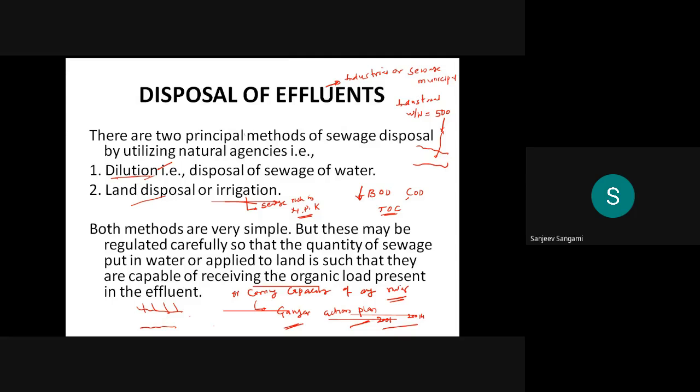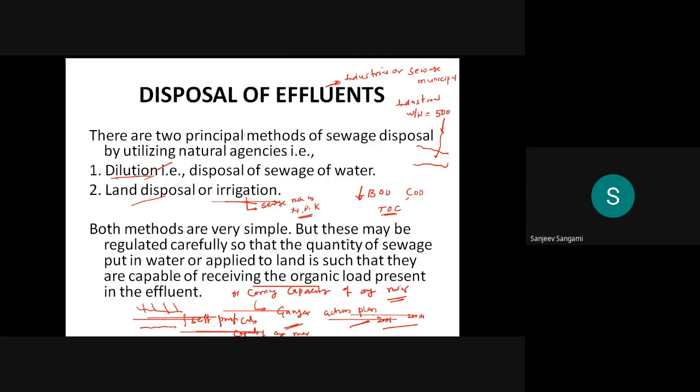So whenever we talk about the Ganga Action Plan, why it failed is that whatever they are discharging, they never stopped it. If you stop it for at least 4 to 5 years, automatically the self purification capacity of any river comes into play, and of course it is going to clean.